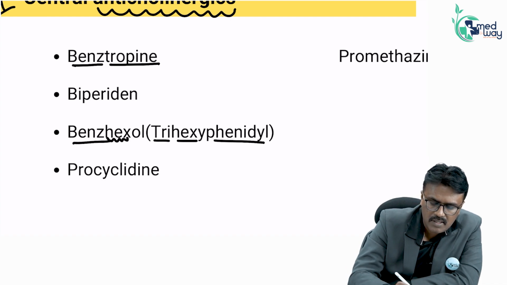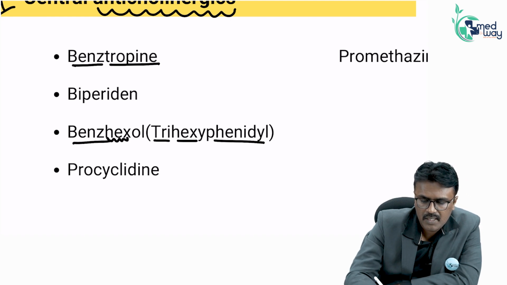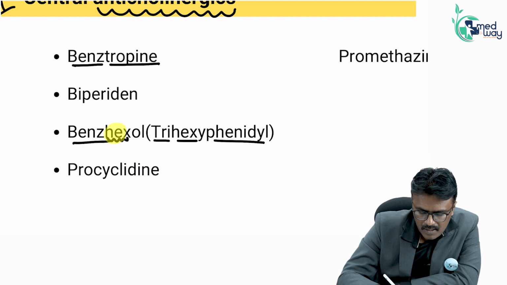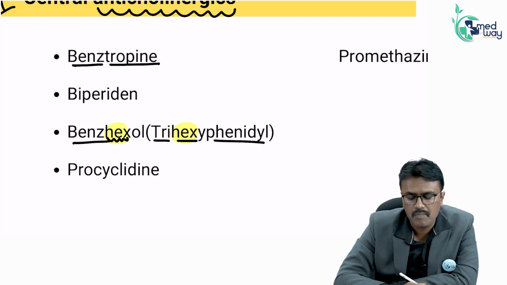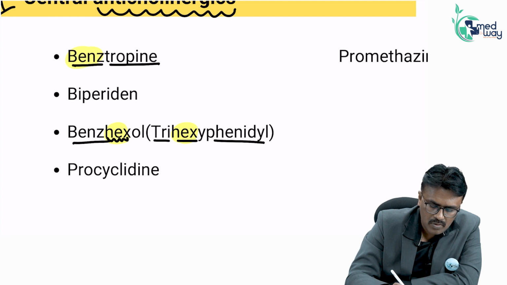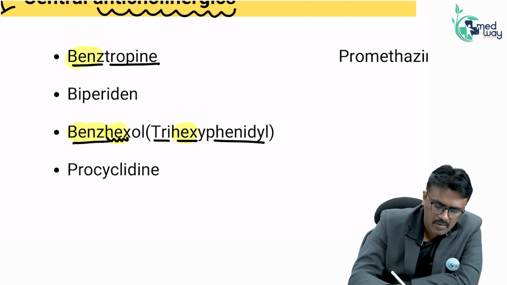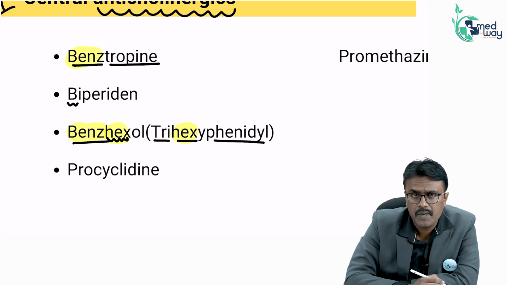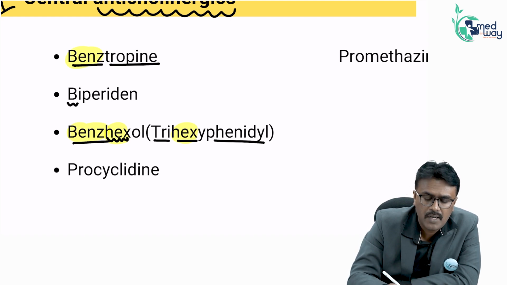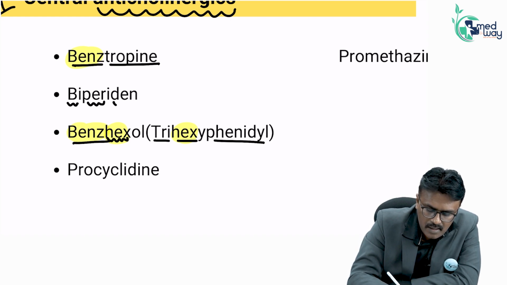Many a time the examiner wants to test you. So remember, if there is hex in the name, they are both the same. Benzhexol and trihexyphenidyl are the same. How many benz are there? 2. What is the other name for 2? Bi. Bi means 2. If you have 2 benz, you can take the benz every day. So bi, peri, den.